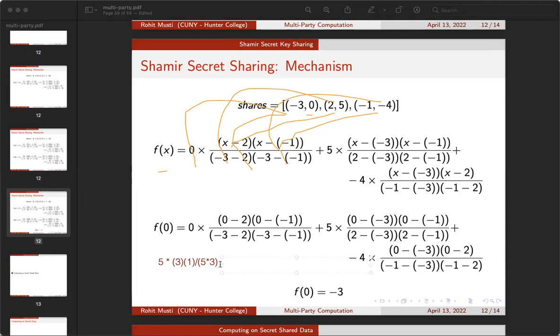Okay, and then second one is -4 times, then it's 0 plus 3, which is 3. Then 0 minus 2, which is -2, over -1 minus -3, which is 2, times -1 minus 2, which is -3.